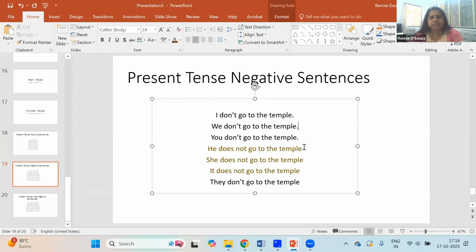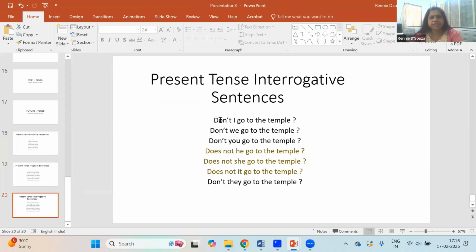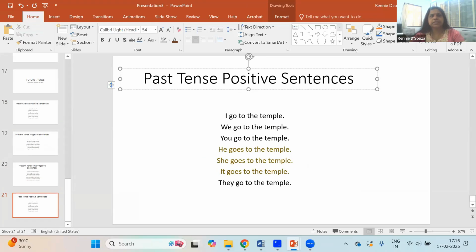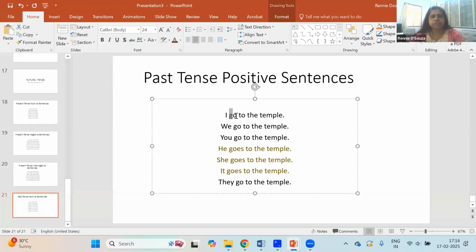Full stop at the end of the sentence, both for positive sentence and negative sentence. And the beginning of the sentence should be a capital letter whenever you form any sentence. Alright, these are the things we should keep in mind.